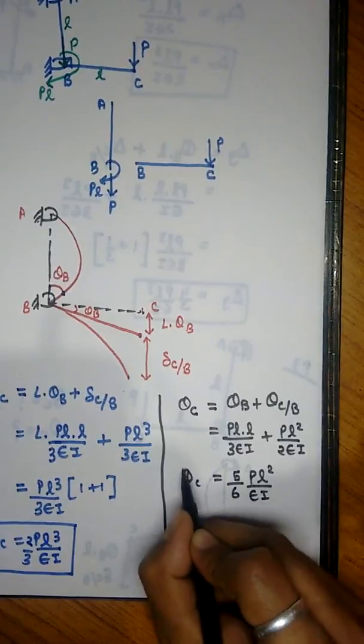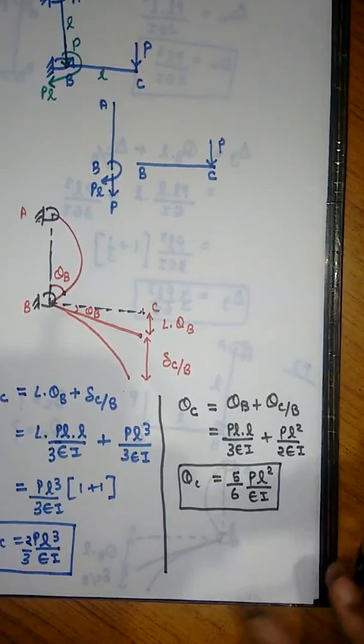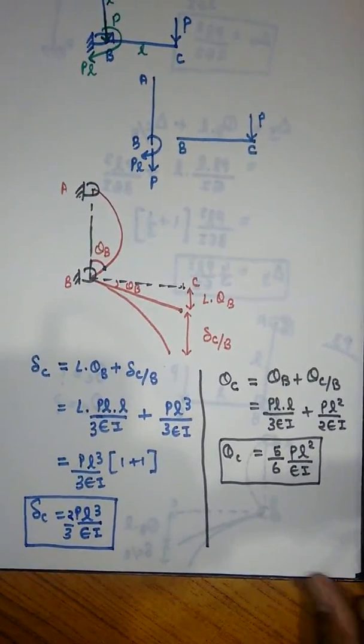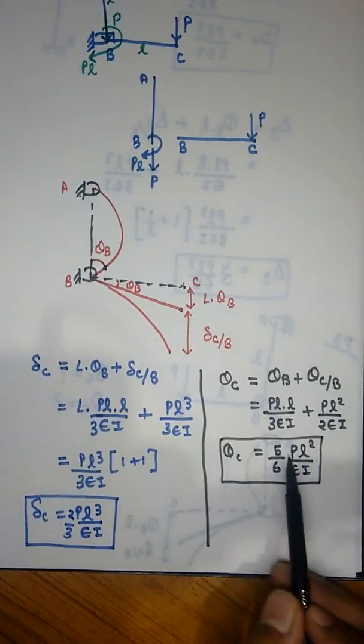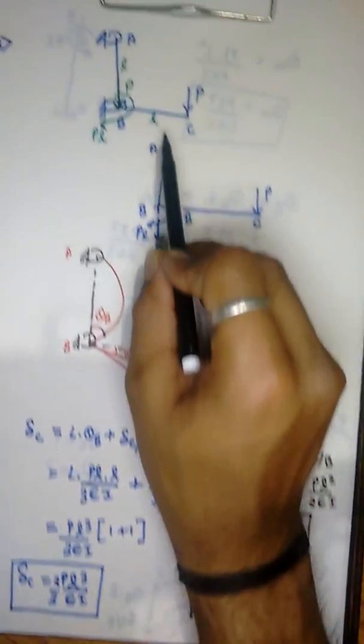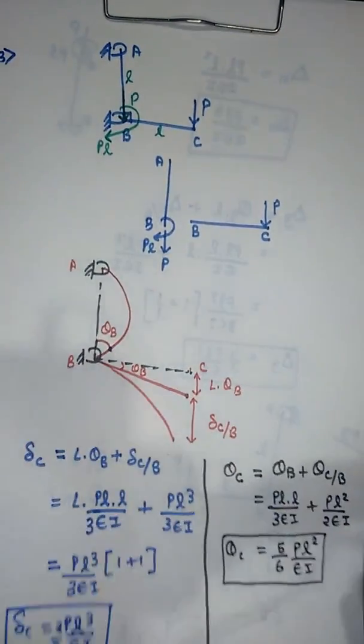So this is the value of theta C. Here we found the value of delta C and theta C, meaning at the free end of this frame. Let us move to our next question.